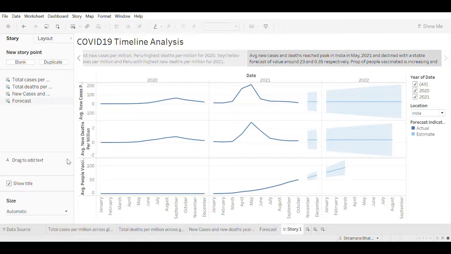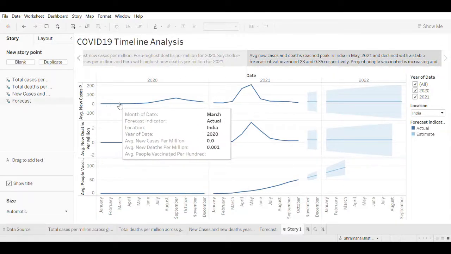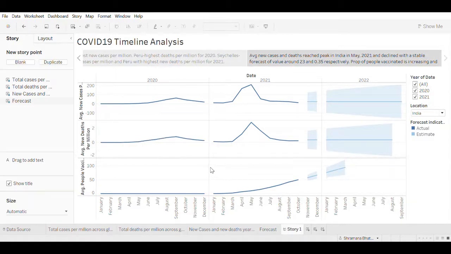This particular analysis shows the average new cases per million for 2020, 2021 and the forecast as well, along with average new deaths per million and average people vaccinated. Here this is shown for India. You can relate to this analysis very well, because we all experienced what happened.